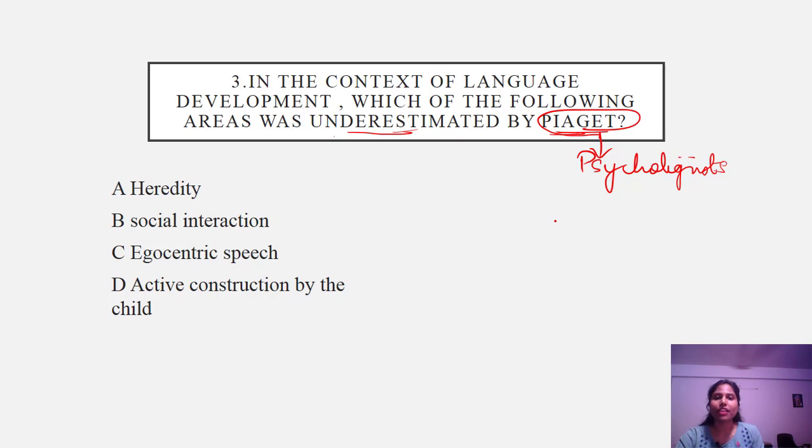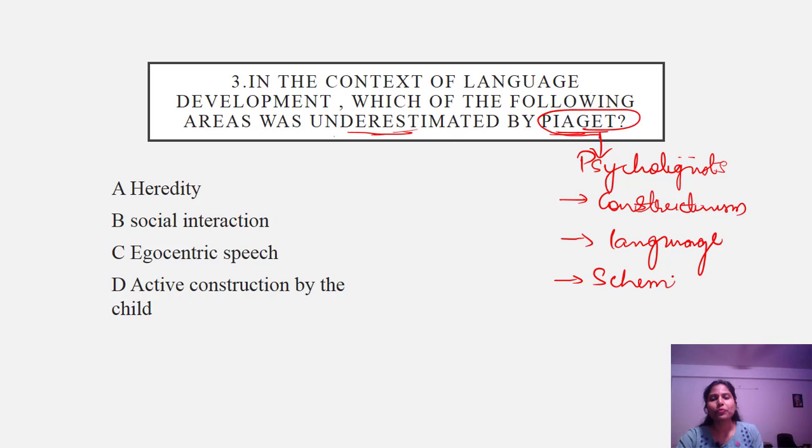We need to first understand the concepts given by him, and later we can find out in which area he underestimated language. He gave his views upon constructivism, upon language, upon schema, and he also taught something about egocentric speech. He explained many things, but now we are concerned about these.